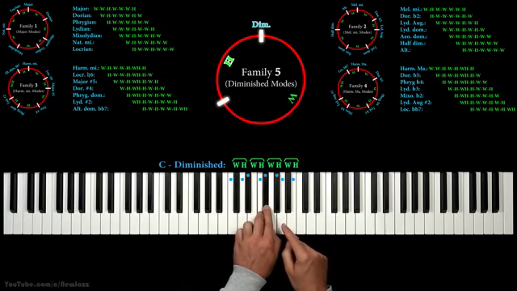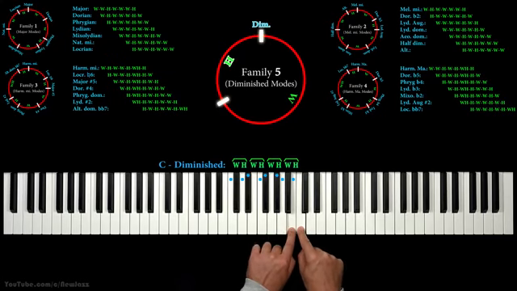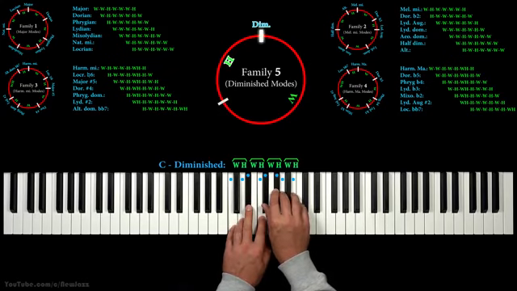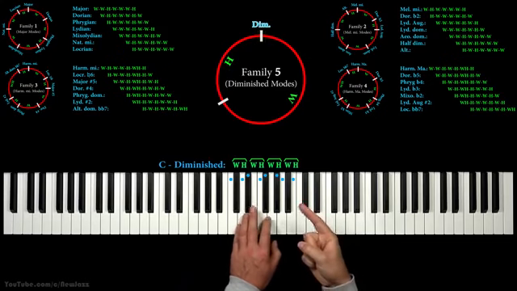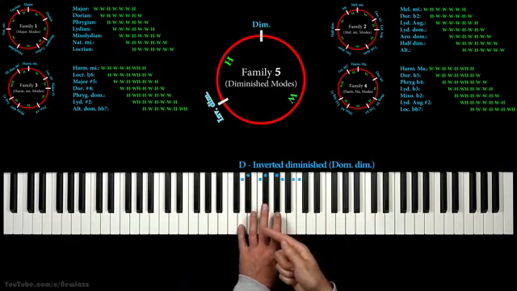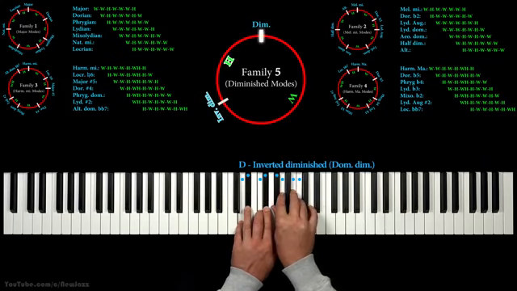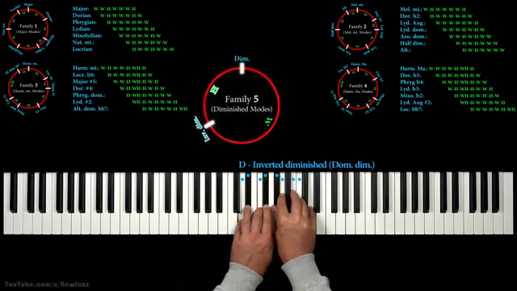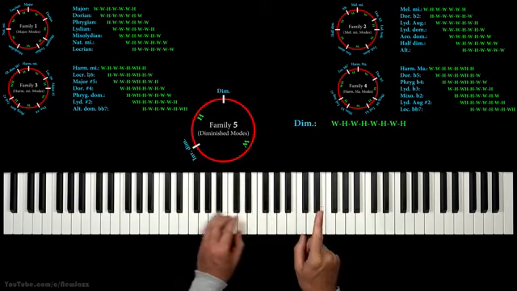Whole, half, and again, whole, half. So, with this whole, half repeating pattern of our scale, we got only one other family member, the second degree inverted diminished scale, that starts up with a half step instead of a whole step. Let's write down the interval steps of the two scales.